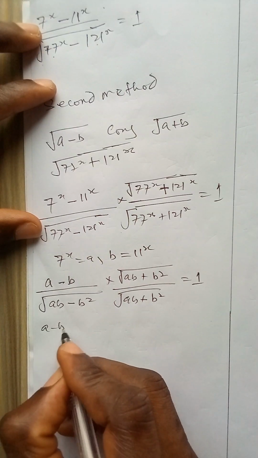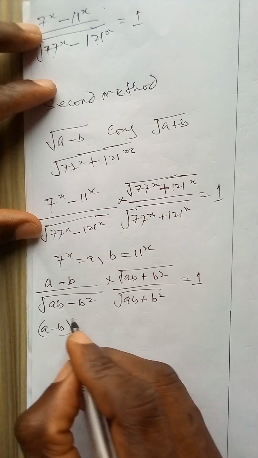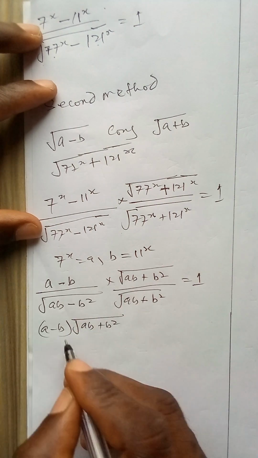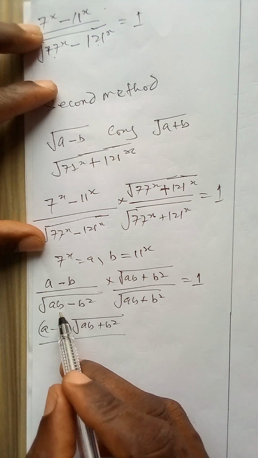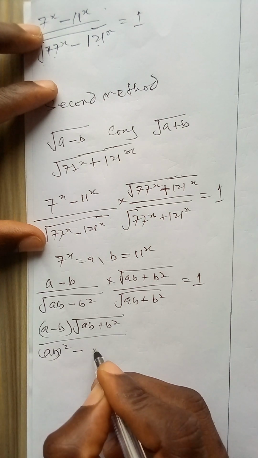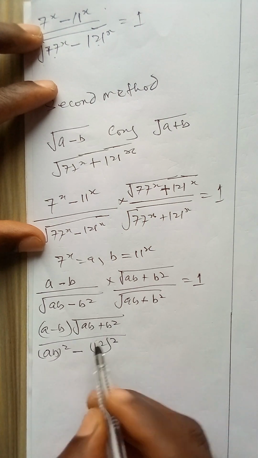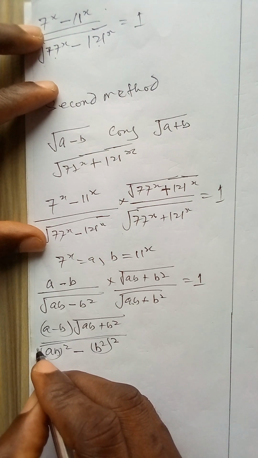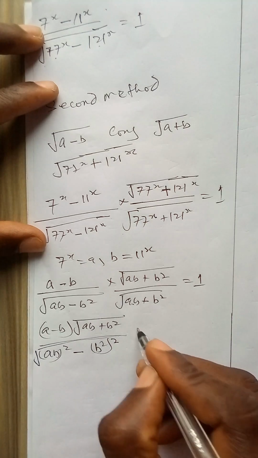I'll have a minus b in the brackets, ab plus b squared when I multiply the numerators, and then here becomes ab squared minus b squared squared. This is difference of 2 squared, and let us remember there is a square root sign there, then it's equal to 1.